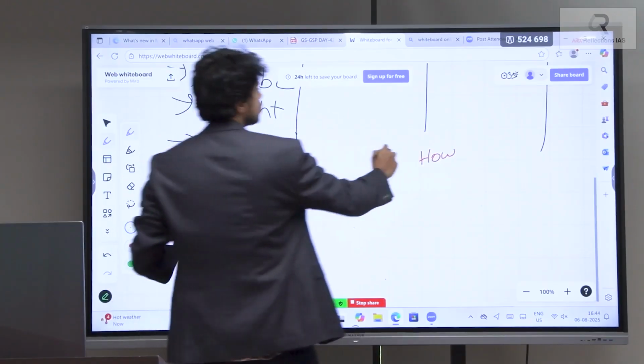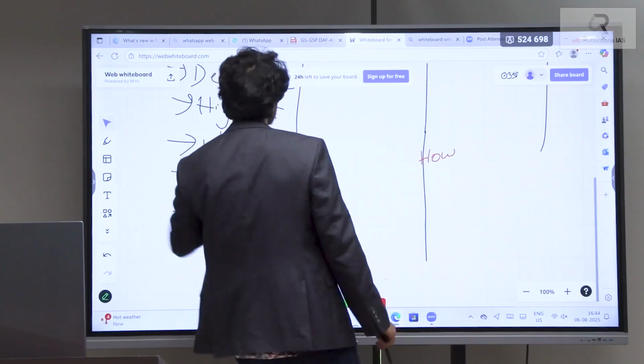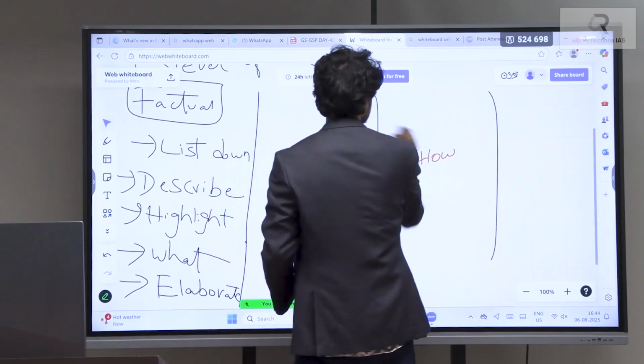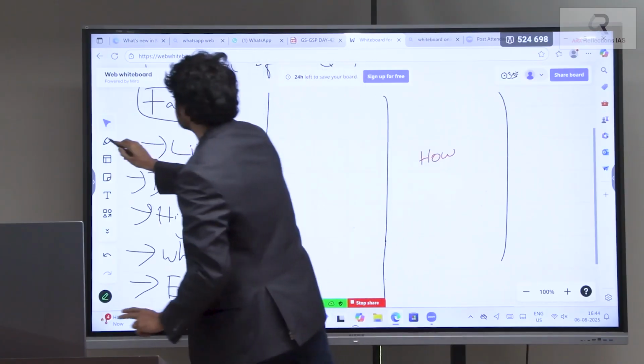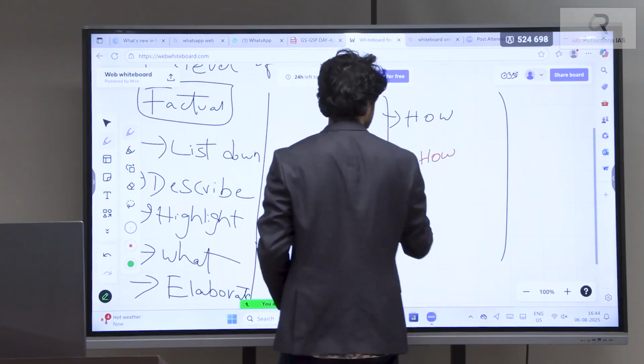Before I get into the second level, what are the aspects that we bring in the third level? The third level aspects are, first, the how aspect. How is the most important aspect.